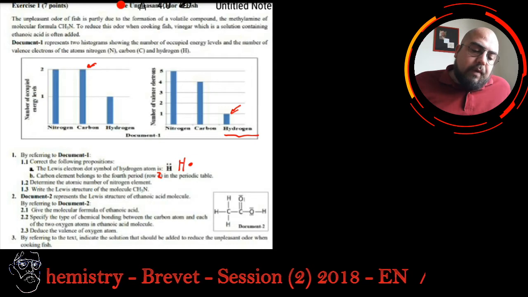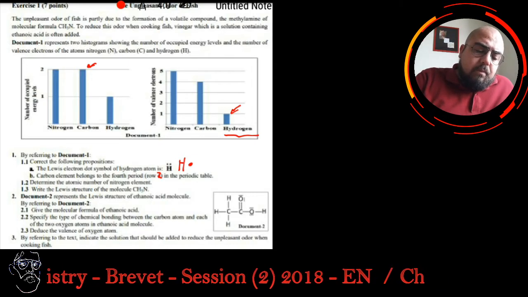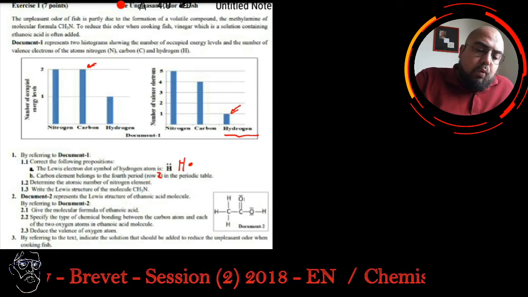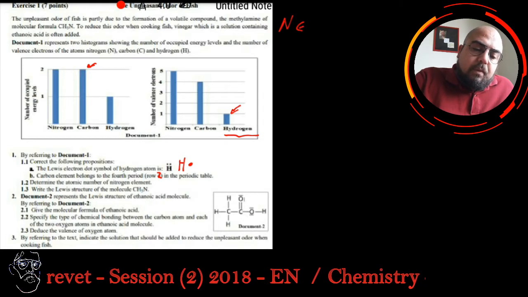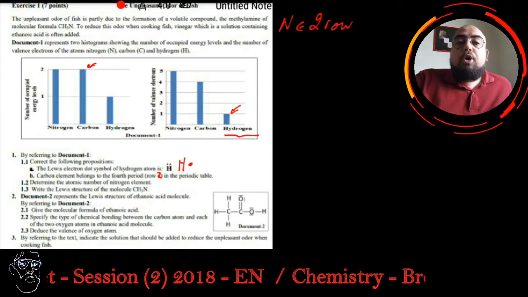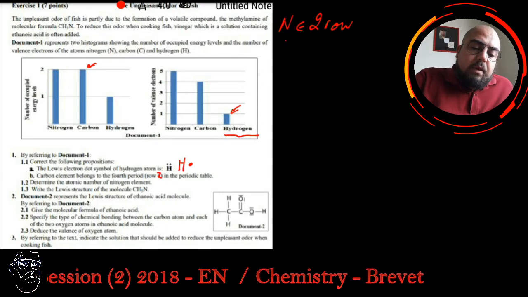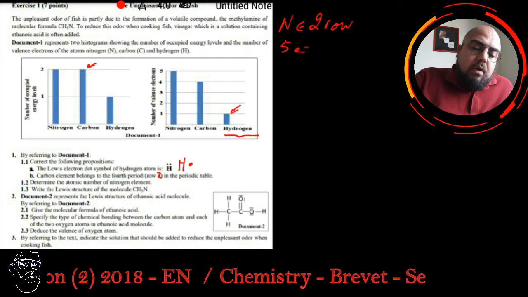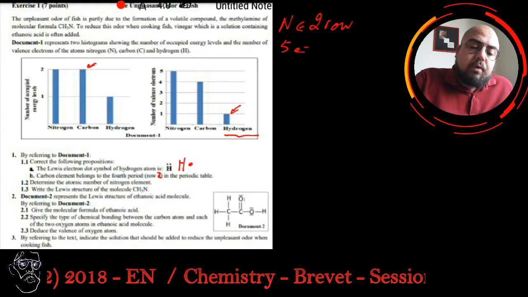Determine the atomic number of nitrogen element. In order to determine the atomic number of nitrogen, we have to go to the electronic structure. Nitrogen belongs to the second row. The number of energy levels is 2, plus we have 5 valence electrons.